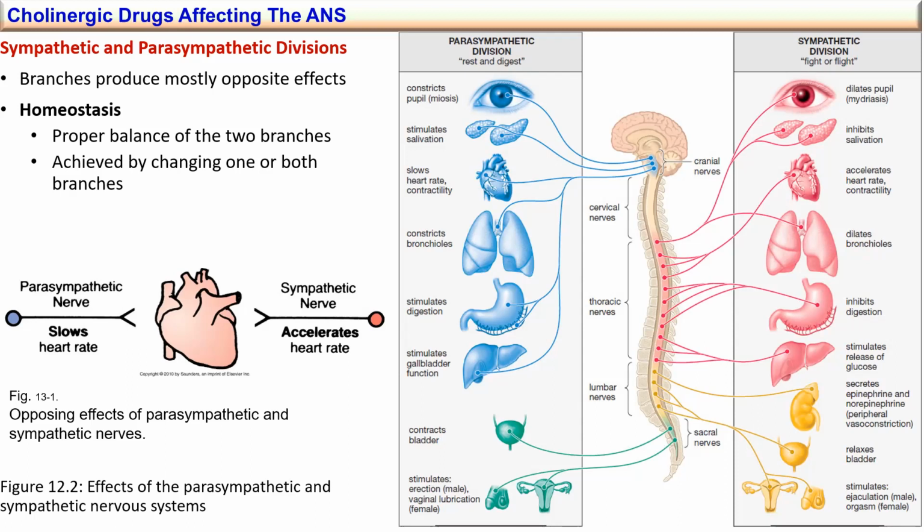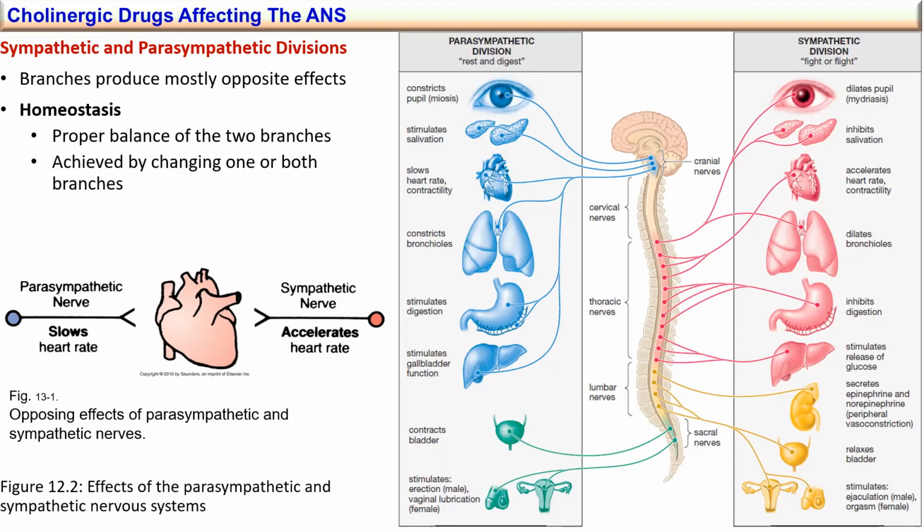It will inhibit saliva secretions, accelerate the heart rate, resulting in tachycardia and increased contractility, dilate the bronchioles, which is bronchodilation, inhibit digestion, and stimulate release of glucose, hyperglycemia.